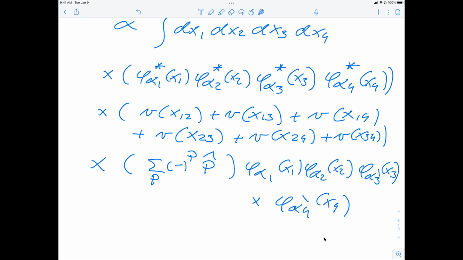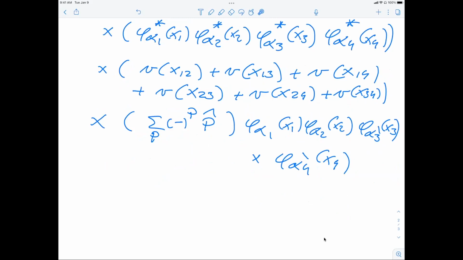And the only matrix element which is not 0, or tentatively not 0, is the one which involves the 2 single particle states which we have changed. So that means that this becomes simply equal to 1 term.